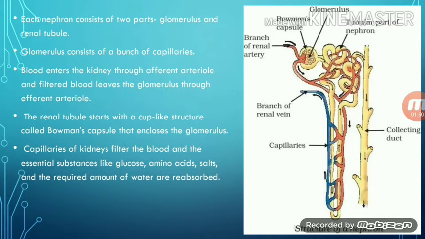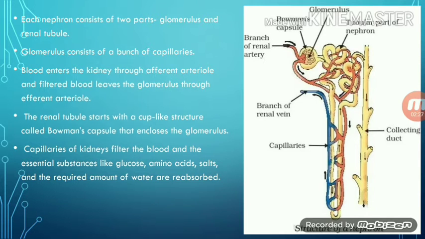The capillaries of the kidney filter the blood, and the essential substances like glucose, amino acids, salt, and the required amount of water are reabsorbed. These are the elements which are again reabsorbed into our body through this nephron, with the help of blood capillaries which surround the nephron.